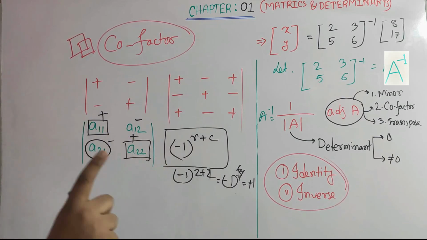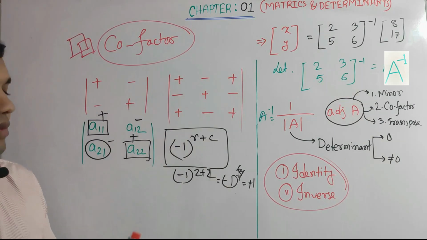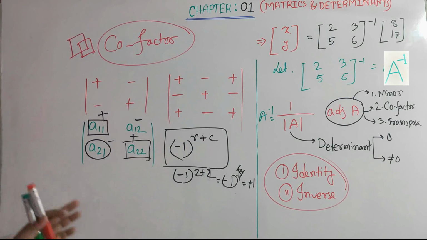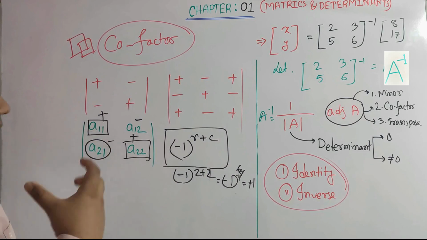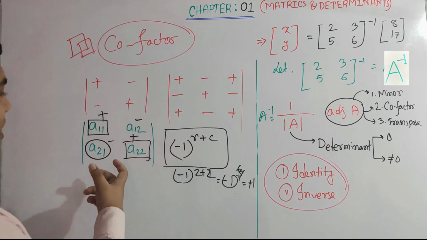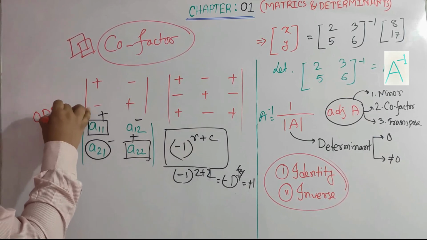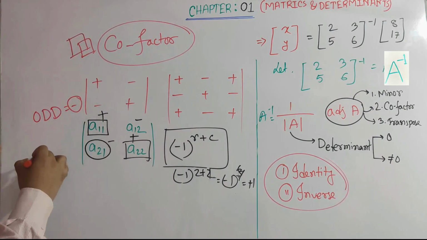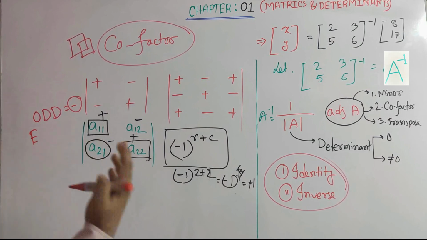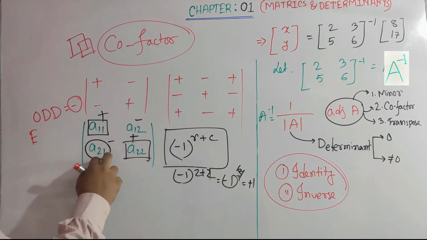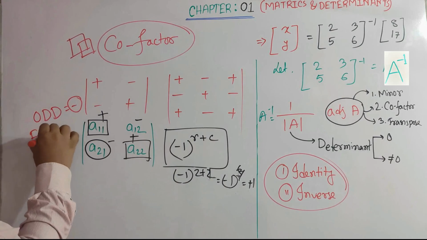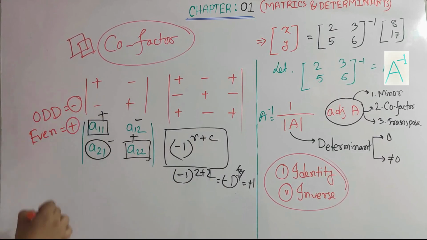So one conclusion we can observe is that if the sum of the row and column is odd, then it is negative. And if the sum of the row and column is even, then it should be positive.